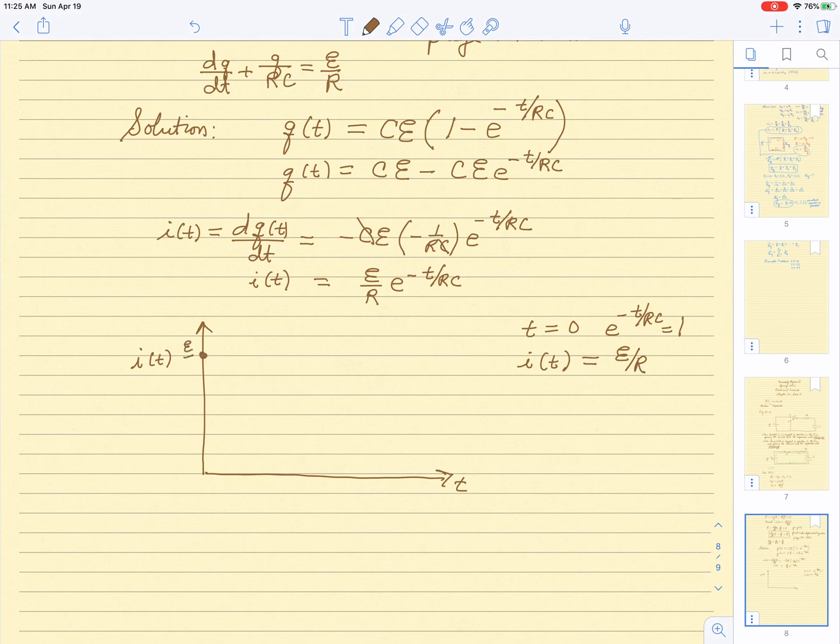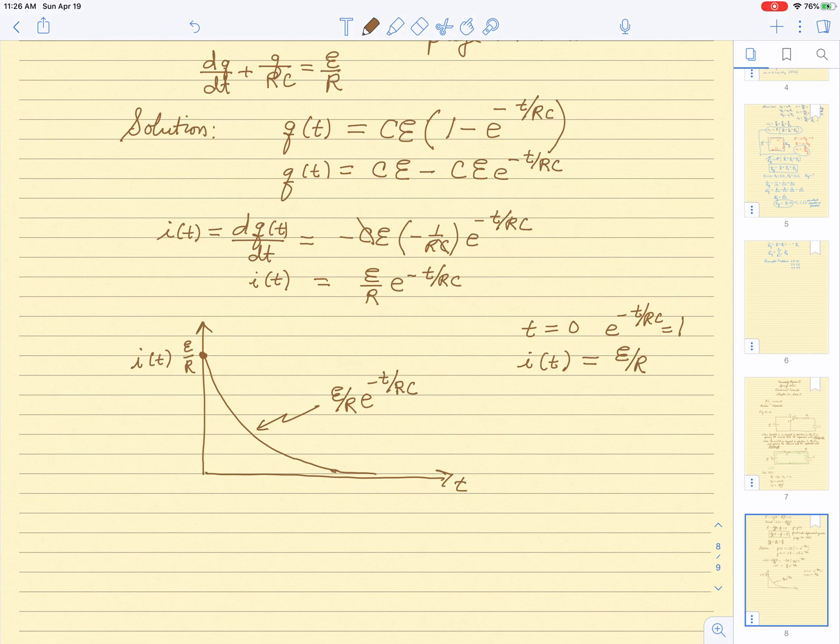This is going to be E over R, and then this equation is going to decrease exponentially over time. So this is going to follow an E over R, e to the negative t over RC, functional dependence.